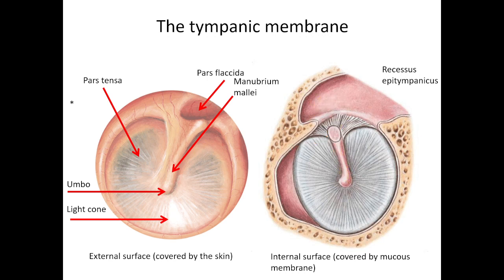What is this? Hammer, one of the small ossicles, in Latin malleus. And what is this? The second small ossicle, small bones inside of the middle ear, which is called incus.